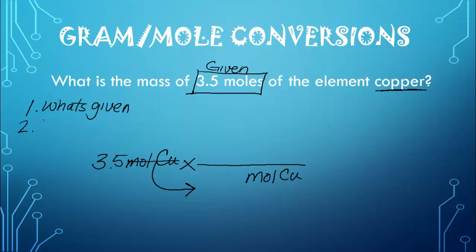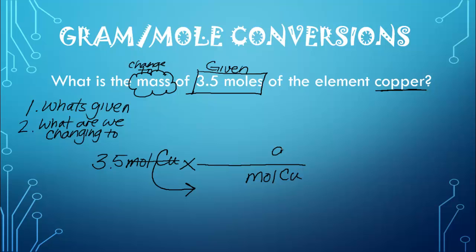So the second thing you need to find is, what are we changing to? Mass is what we're changing to. So we know mass needs to go on top, and the unit for mass is grams. So in front of grams, we put the molar mass.